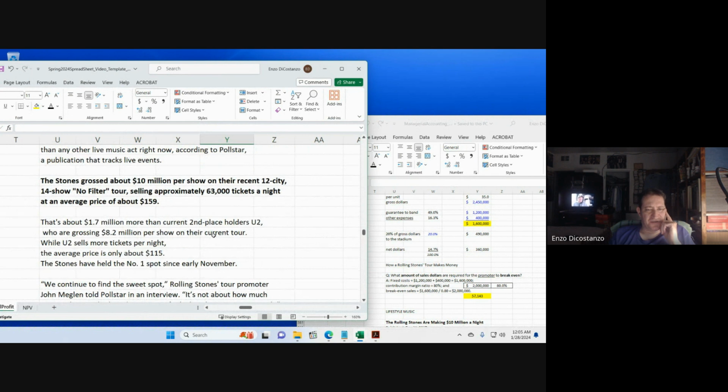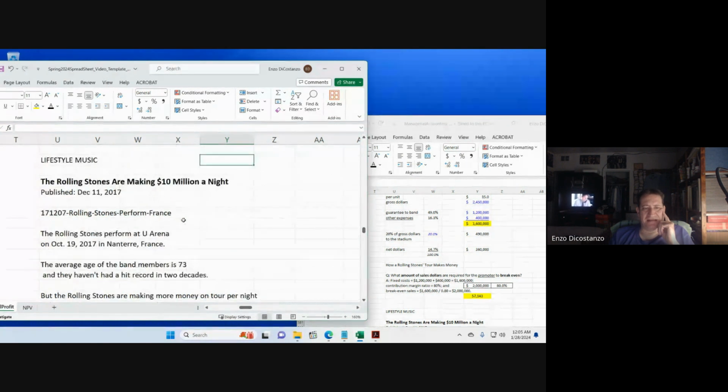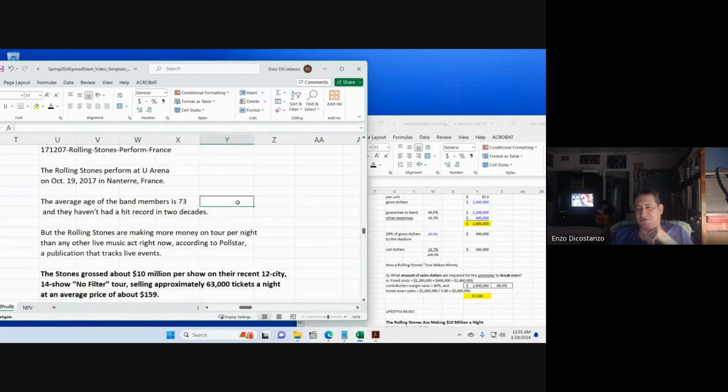I forget what tour this was. Is this the No Filter tour? Yeah, this was small, and I don't think they came to New York. But the No Filter tour was 2017. At the time, 7-8 years ago, the average age of the band members was 73, and they're in their 80s now. It says they hadn't had a hit record. Well, they also didn't put out a record in a while.